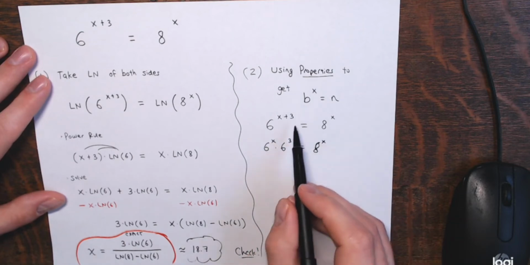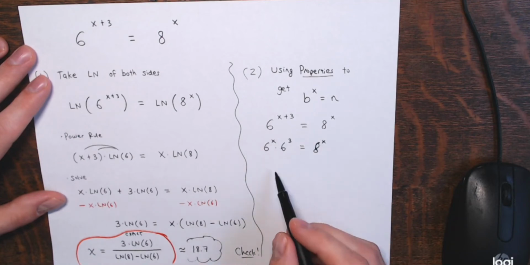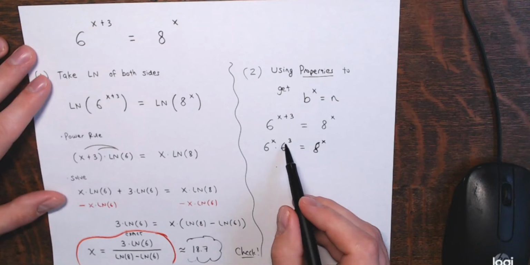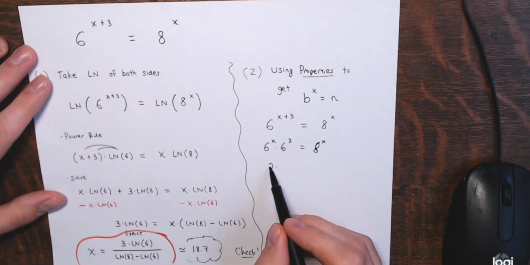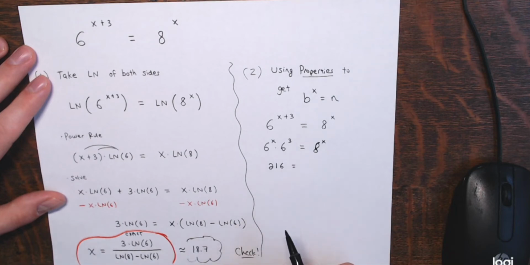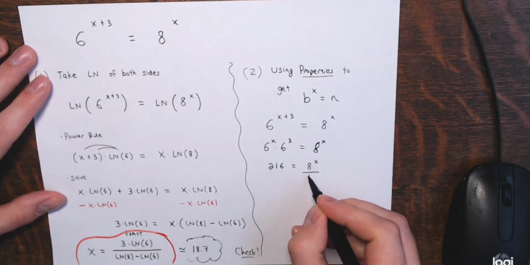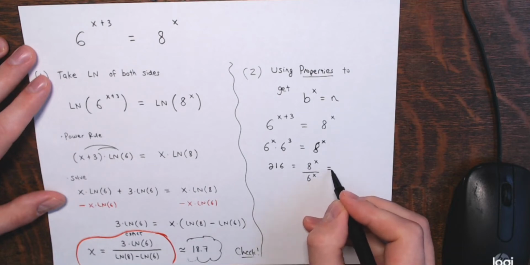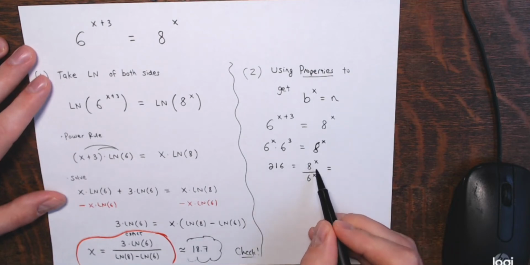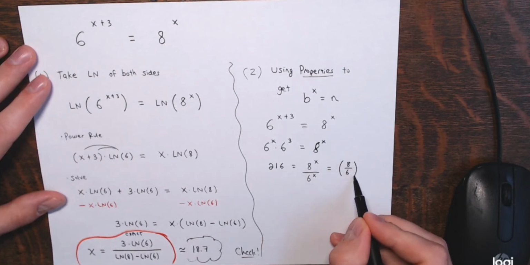And then I get all this stuff with just the x power to one side, so I can divide both sides by 6 to the x. Now 6 to the third power is 216. Equals, and then on the right side, 8 to the x divided by 6 to the x. But remember, when you divide things with the same exponent, you can combine the bases. This is the same thing as 8/6 to the x.